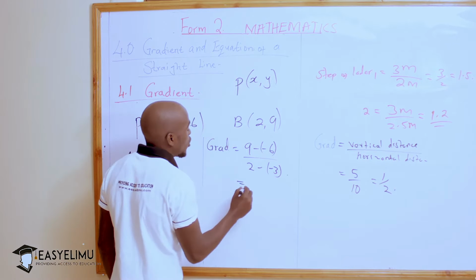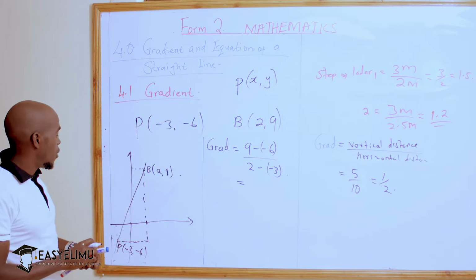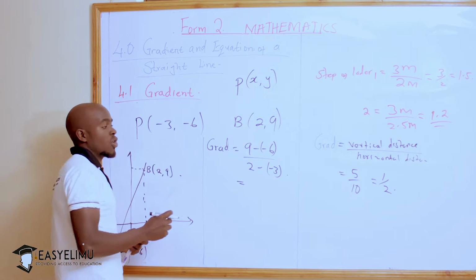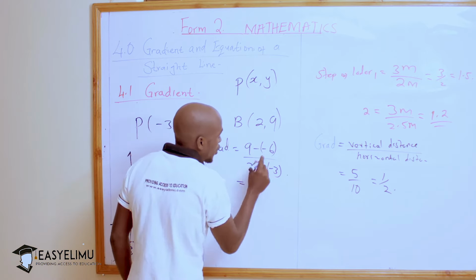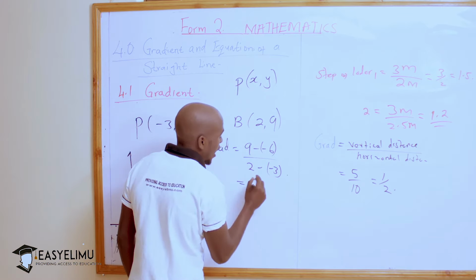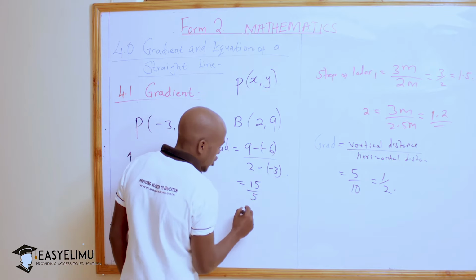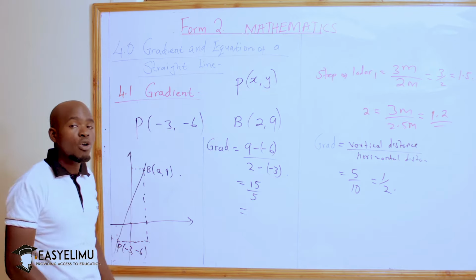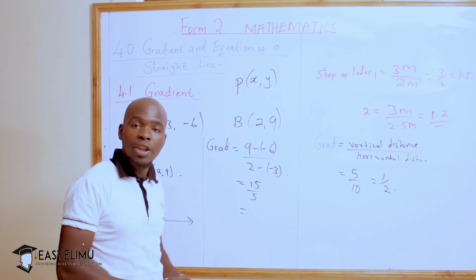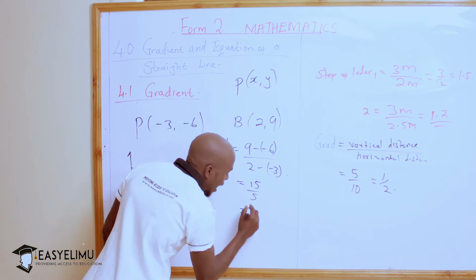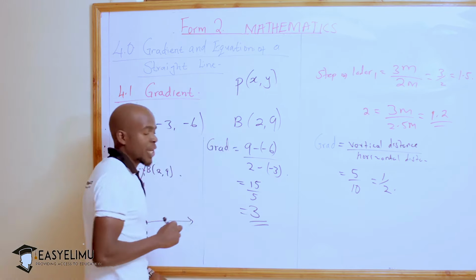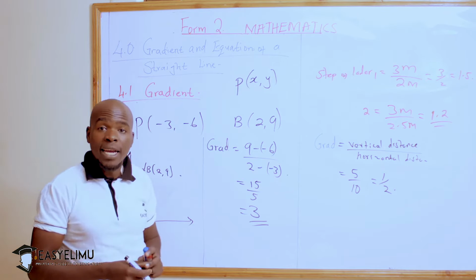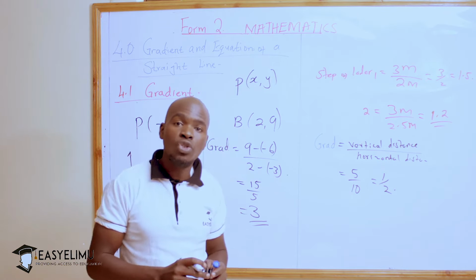So that is what we are going to have as the gradient of that line. In doing so, we are going to have the numerator as 15, and the denominator will give us 5. So if you evaluate the gradient of that line, you are going to find the line has a gradient of 3.